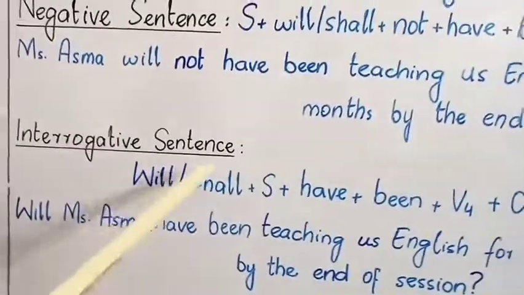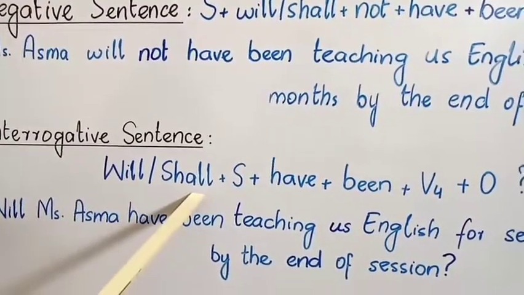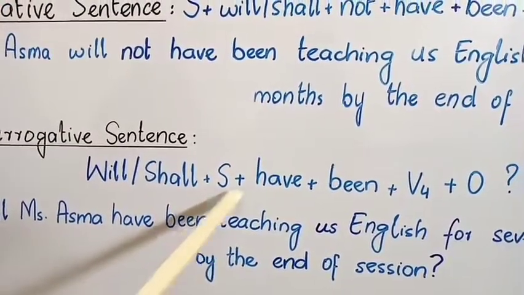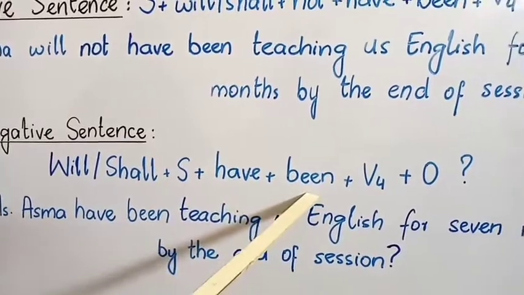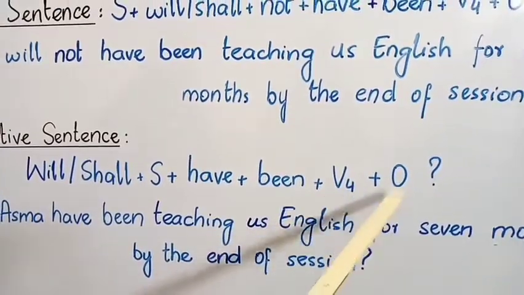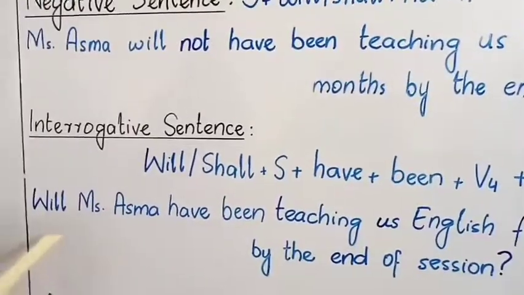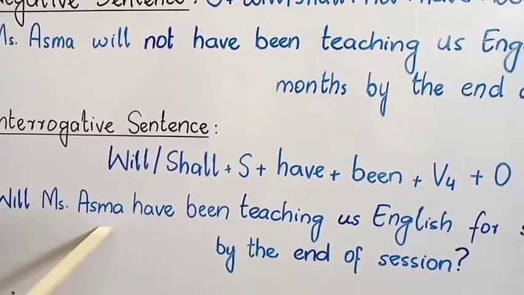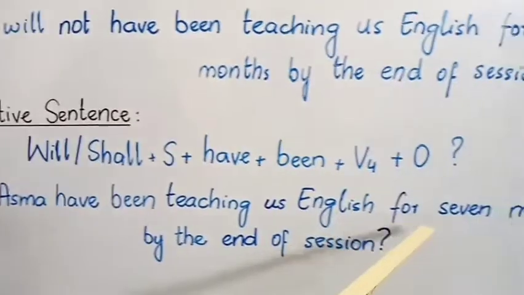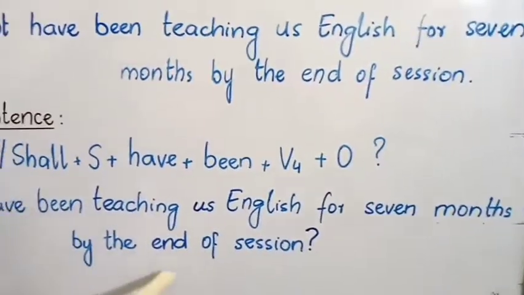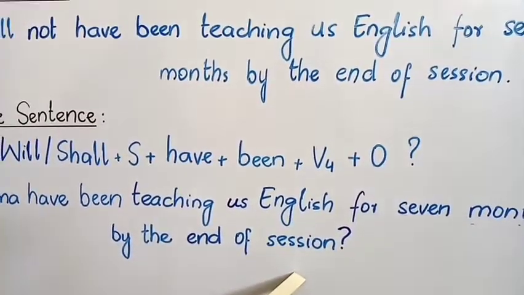For interrogative sentence, will or shall plus subject plus have plus been plus V4 plus object, question mark. And the example is, will Miss Asma have been teaching us English for 7 months by the end of session?